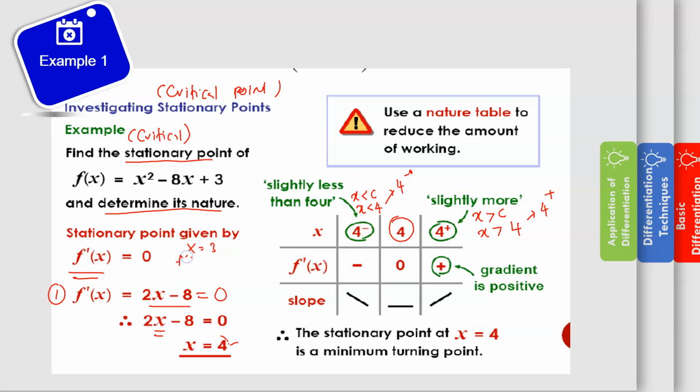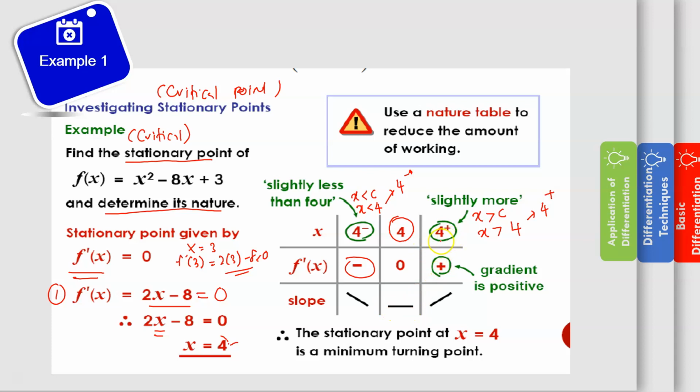I substitute in f'(x), so I have 2 times 3 minus 8, which is 6 minus 8, that is less than 0, a negative value. When the value is negative, the slope will go down. But at 4, when we substitute 4, of course it equals 0 because we found 4 by making this equation equal to 0. So at 4, the slope will be just a straight line like this.